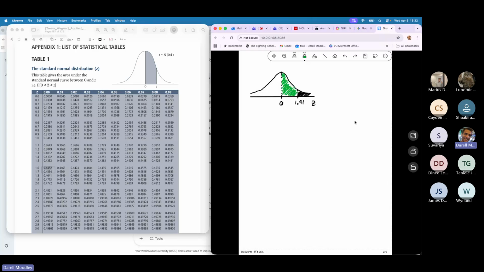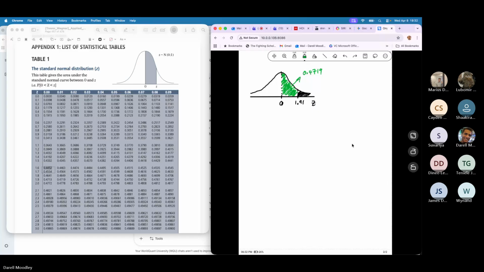This is what you put in the chat, 0.4719. But I want the black area. The black area is the answer. But how do I use this green area to get the black area?